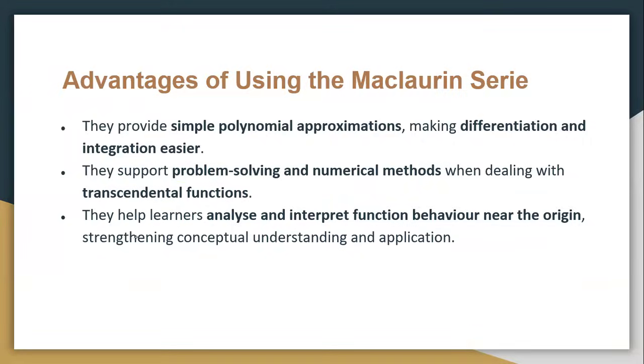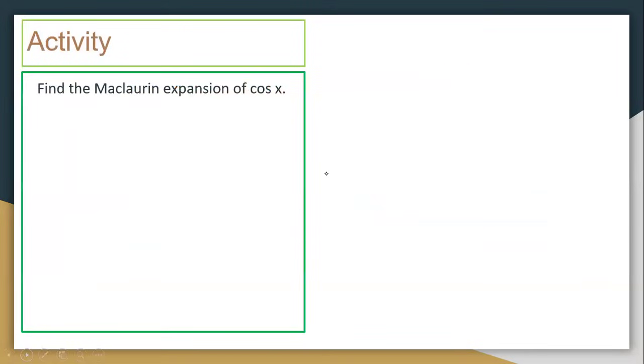So we are going to go on and look at our first example. They are asking us to find the Maclaurin's expansion for cos of x. Always, the first thing you have to do is write down what the Maclaurin's theorem, or series, tells us.